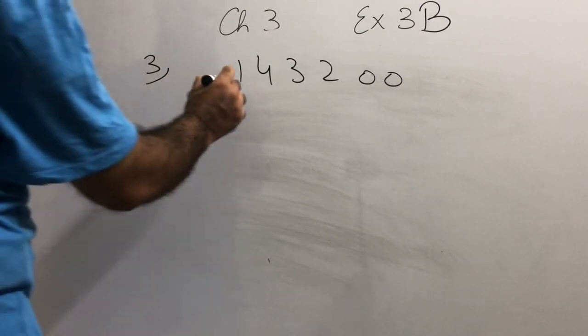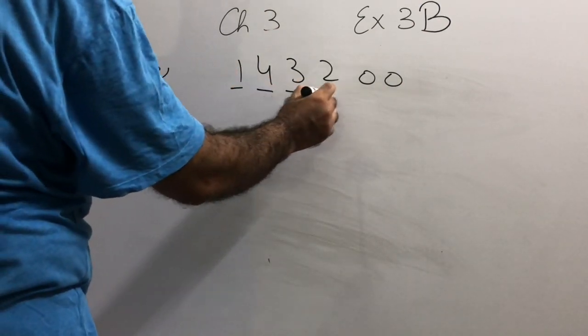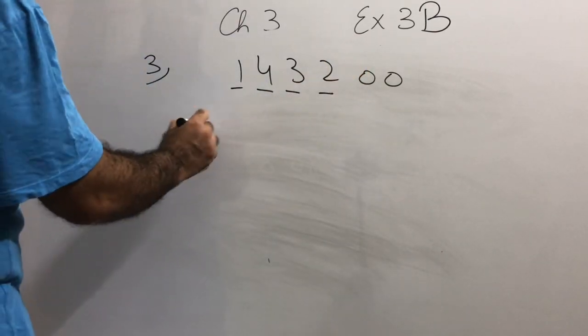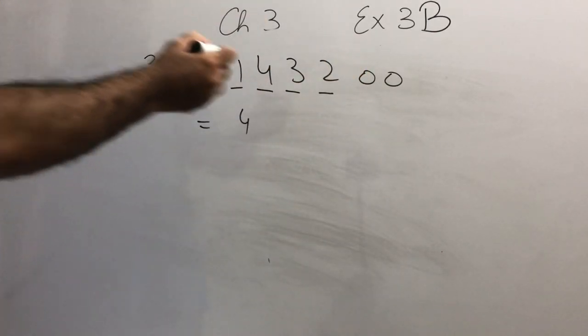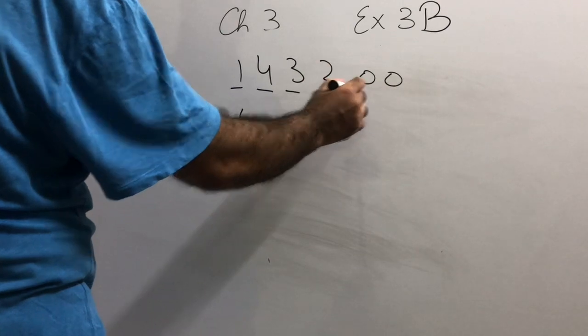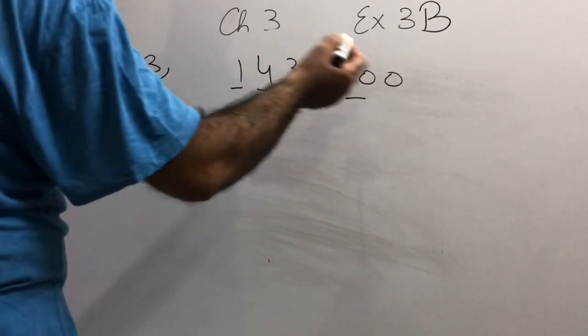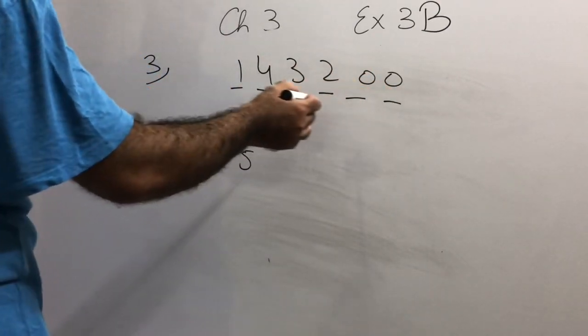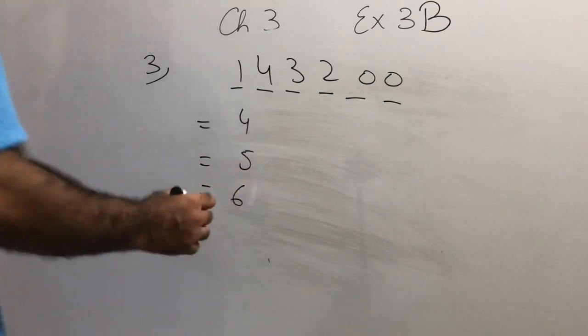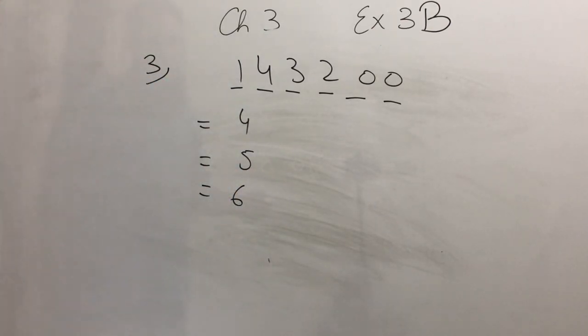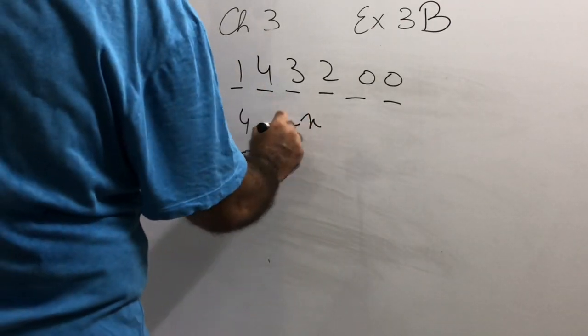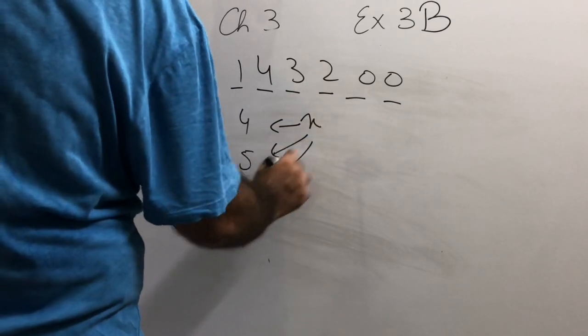Okay, we know that this is significant, this is significant, significant, significant. Okay, it can be 4. This is also significant, it has a value. It can be 5. This is also significant, it has a value. So it has 4, 5 or 6. Okay, so x can be 4, it can be 5, it can be 6.